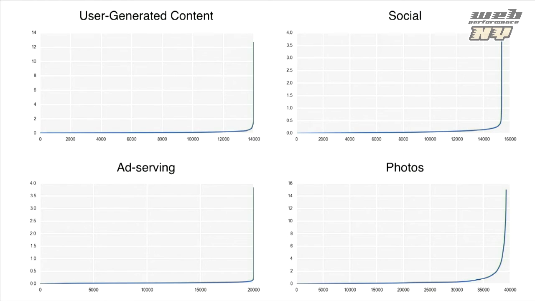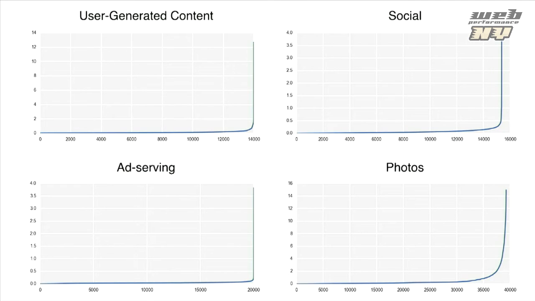You see a social site here that has a slightly more gentle curve. You have a photo site. Of course, they're serving larger objects, so that curve is a little bit more gradual. And then you have ad serving sites down in the left corner where it's very flat until it's not. Then it spikes up. But everything ends up following a very similar curve.